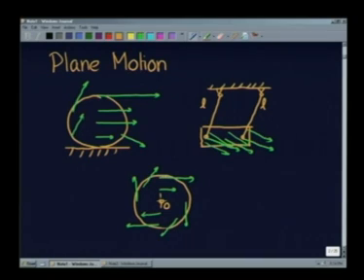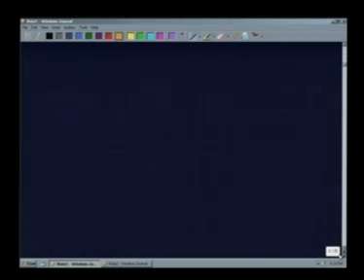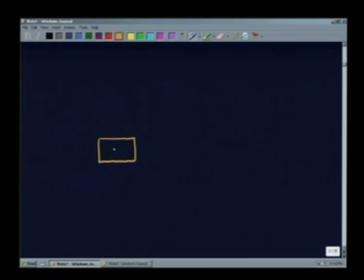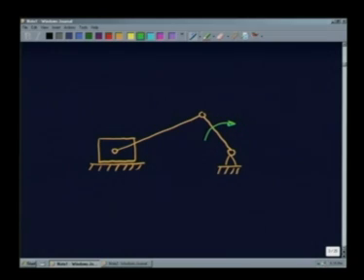So, for example, if we take our familiar example of a slider crank mechanism, which we have discussed in our first introductory lecture, and study the three rigid bodies which are interconnected and moving, you can see that this particular rigid body, which we call the crank, is undergoing a pure rotation about a fixed point, hinge point O. This particular rigid body is undergoing a pure translatory motion like this, whereas this one is undergoing both rotation and translation, that is a general type of motion.